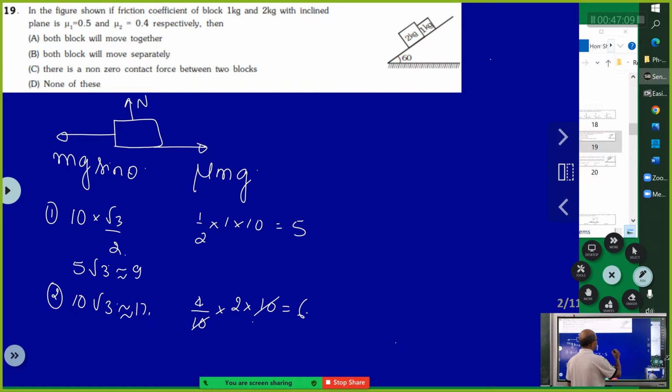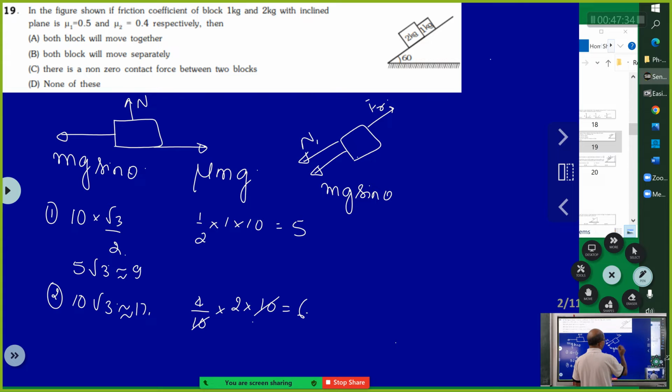Now, if you draw the free body diagram for the 2 kg mass, it will have a force vector here like this, a friction force vector like this, and the 1 kg is touching this. So you will have the normal due to 1 kg acting in this direction.